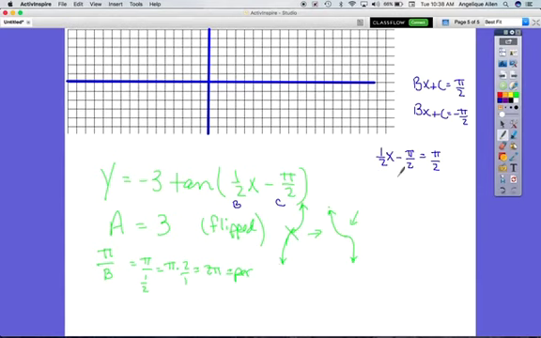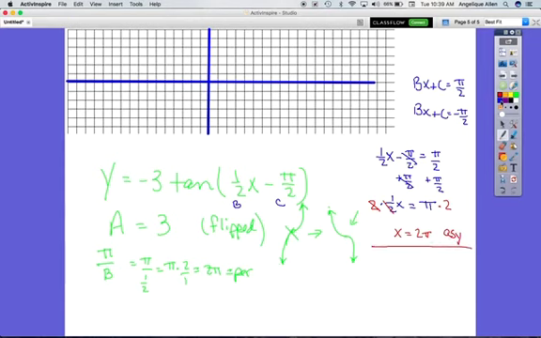I've got to add pi over 2 to both sides. So 1/2 x, this is 0, pi over 2 plus pi over 2 is 1 pi. And then I'm going to multiply both sides by 2 to get rid of the fraction. So 2 times 1/2 cancels, x is 2 pi. So I'm going to put an asymptote at 2 pi.